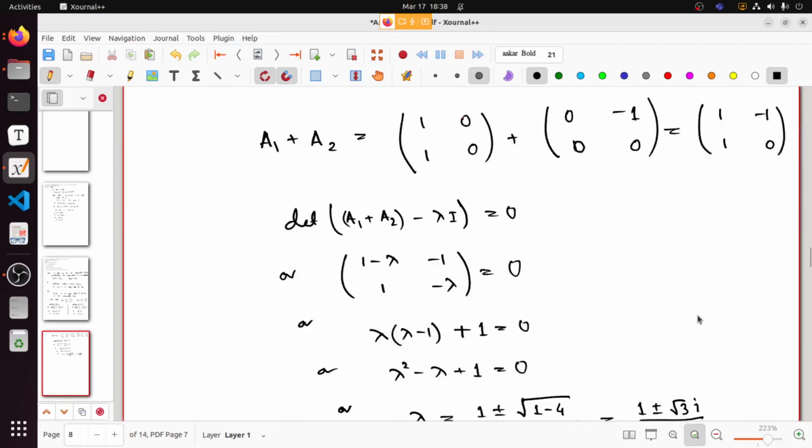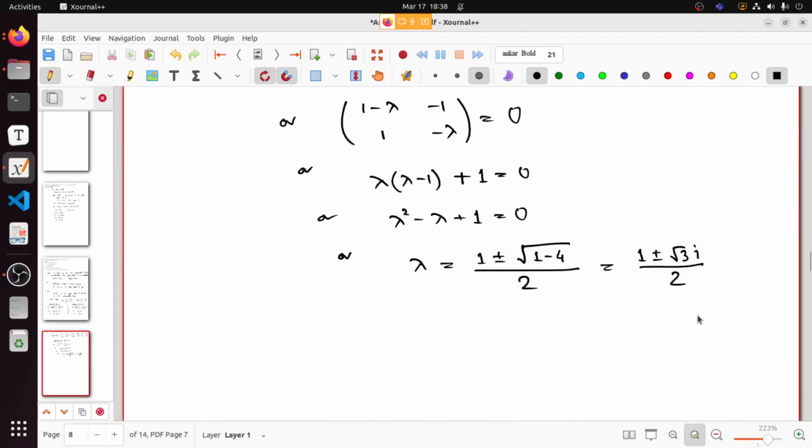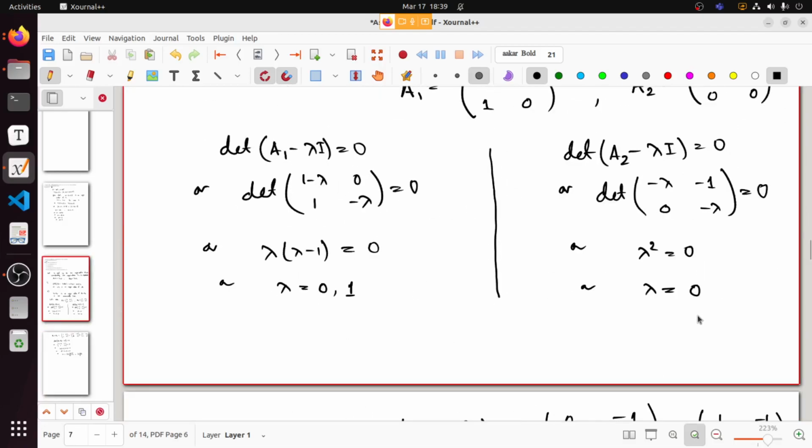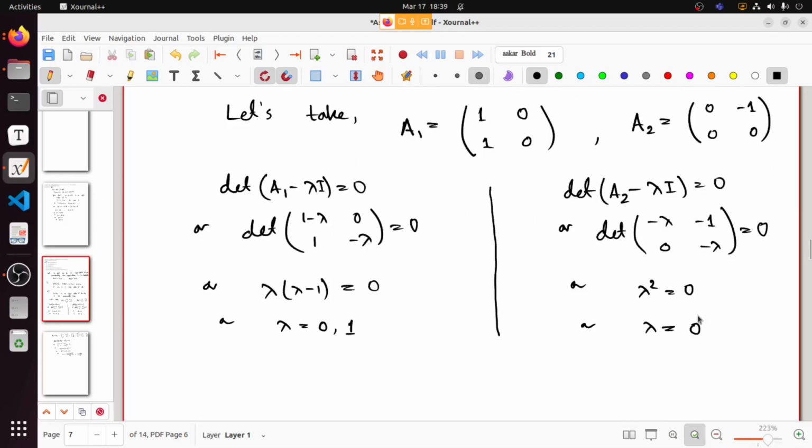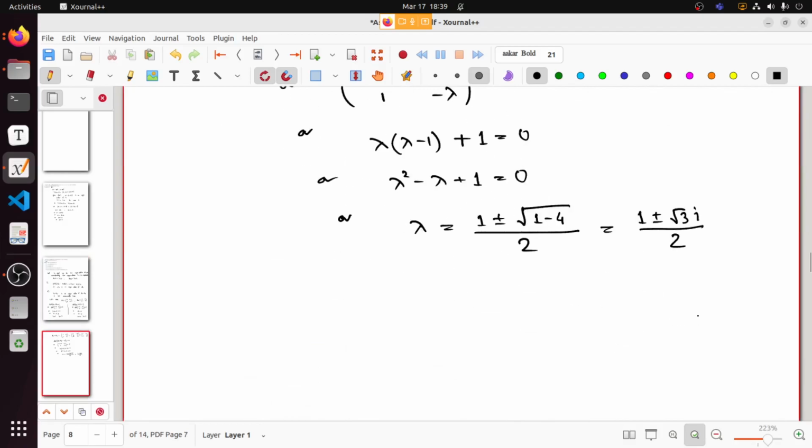From here you can check that the eigenvalues of A1 are 0 and 1, and of A2 are 0 and 0. Let's take lambda 1 equals 0 and lambda 2 equals 1 for A1, and lambda 1 is 0 and lambda 2 is 0 for A2. If you add these, they are not eigenvalues of A1 plus A2.